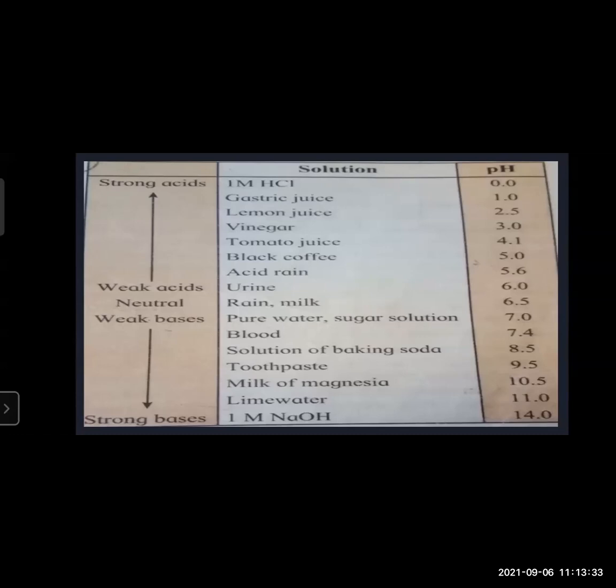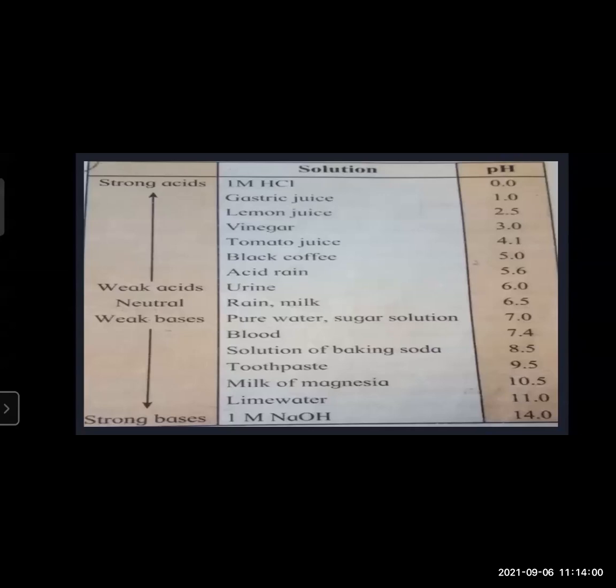Like 1 ml HCl, the pH is 0.0. Gastric juices, which are formed in our body when digestion of our food takes place, is 1.0. Lemon juice, 2.5. Vinegar, 3.0.